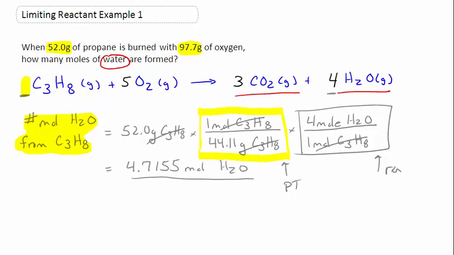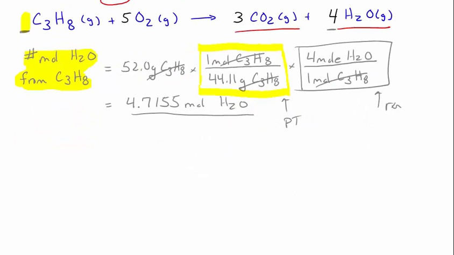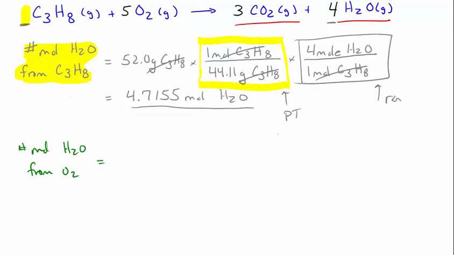We might want to ask the question, though, how much we can make from the other reactants. So let me scroll down a little bit to give me some room. How many moles of H2O can I make from the oxygen that I have available? Well, I have available 97.7 grams of O2. If I look on the periodic table, I can find that there's 32.00 grams of O2 per mole of O2.